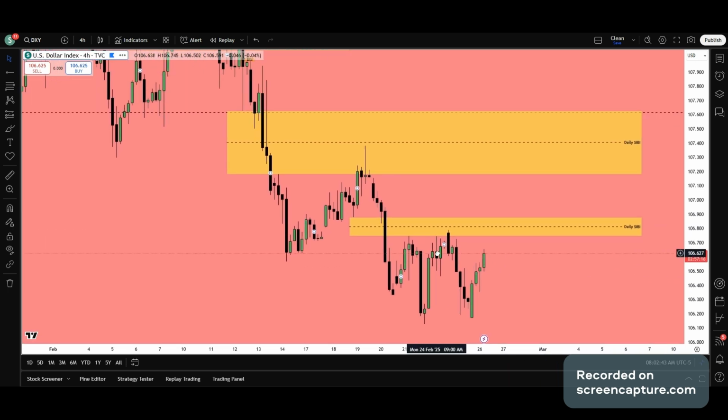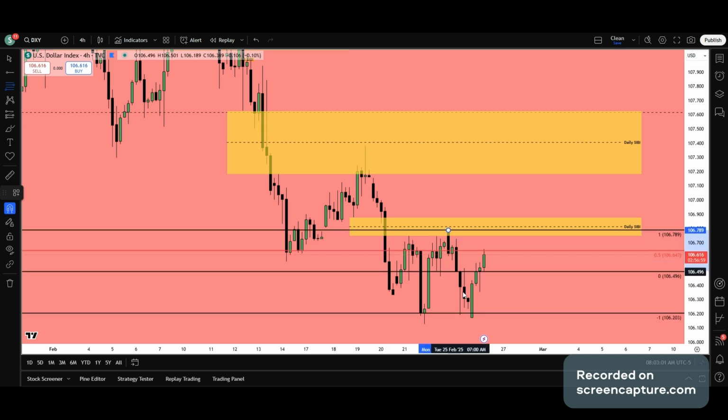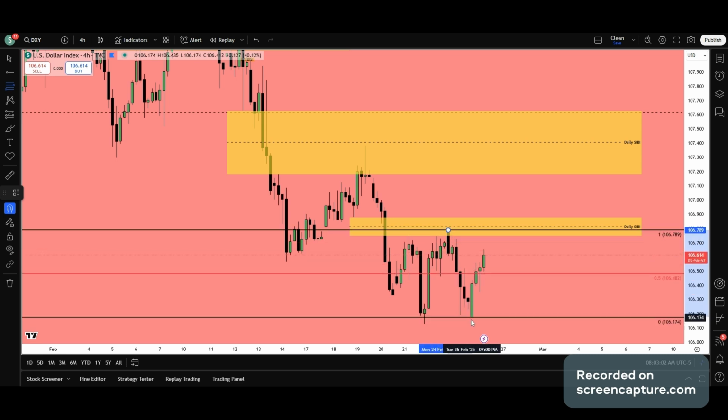So this morning, dollar has been running up higher, and I was anticipating for price to run higher into premium of this range from high to low, this high to this low.